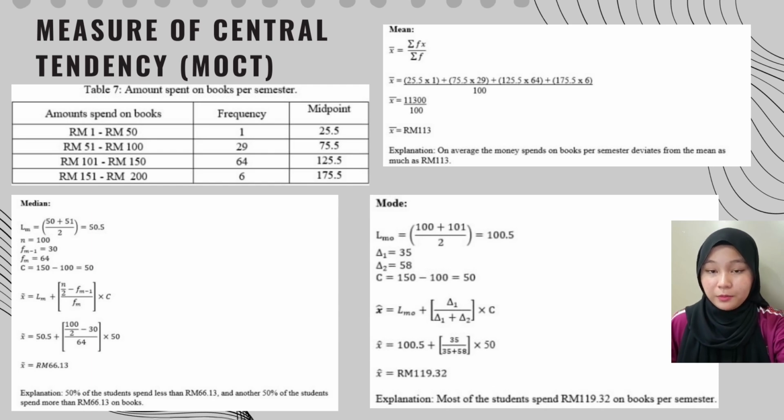And the next, for the median, 50% of the students spend less than 66 ringgit 30 cents, and another 50% of students spend more than 66 ringgit 30 cents on books per semester. And then for the mode, most of the students spend 119 ringgit 32 cents on books per semester.